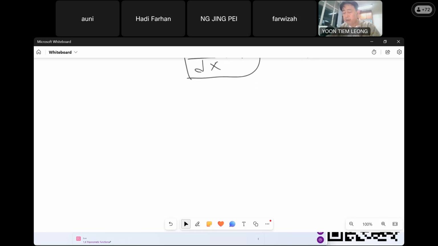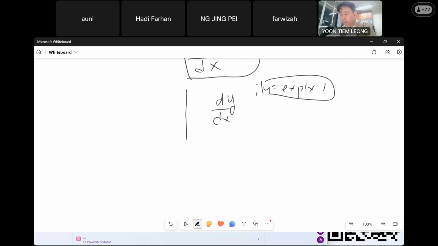Okay, so let's see how you explain that. In order to obtain the derivative dy/dx for y equals the exponential function of x, what you have to do is to resort to the theorem from the topic that we have learned earlier on in topic 7.1.